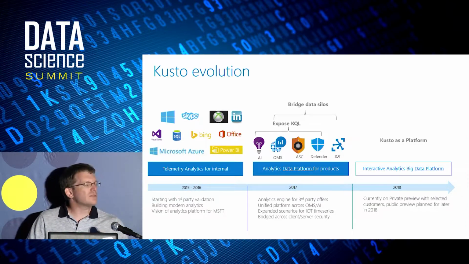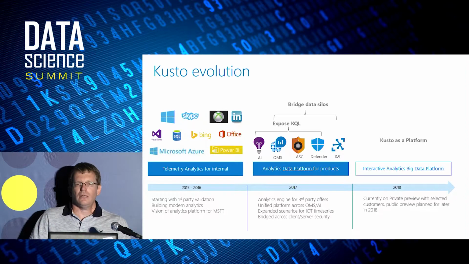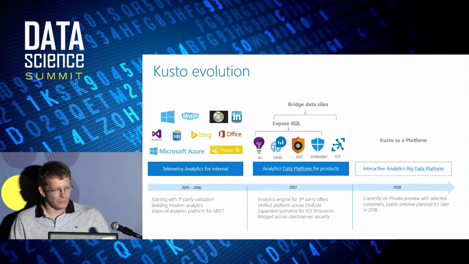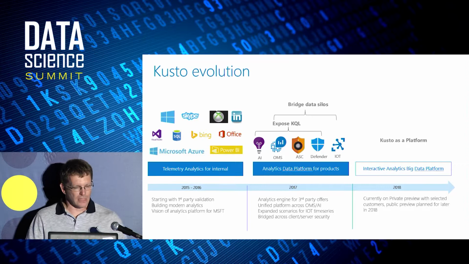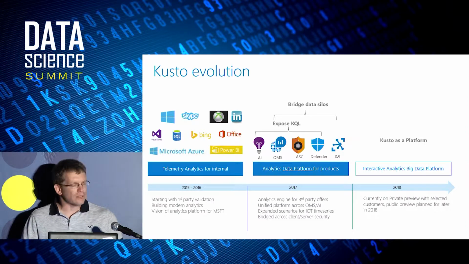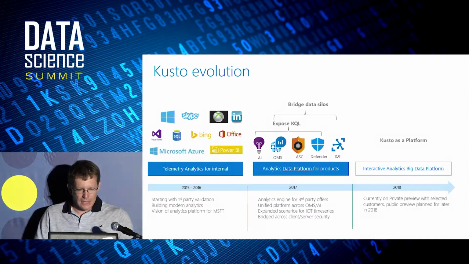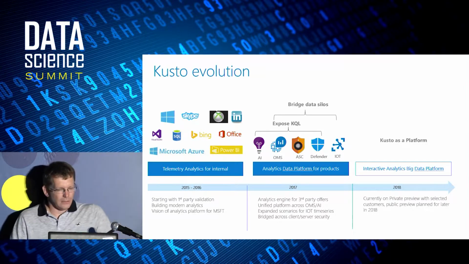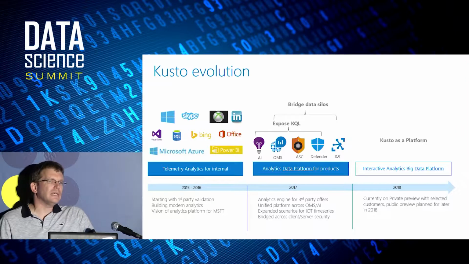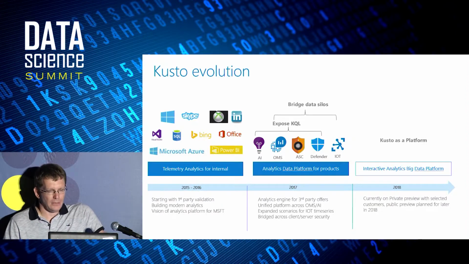So in 2017, we replaced the underlying engines and also supported Windows Defender Advanced Threat Protection, that we'll see. We replaced the engines under Azure Application Insights, Log Analytics, and Time Series Insights. And in 2018, we're taking Kusto as a data platform to market, and we're currently in private preview.